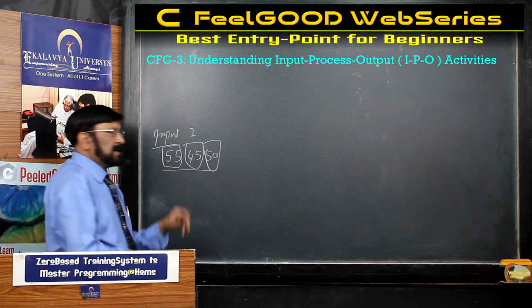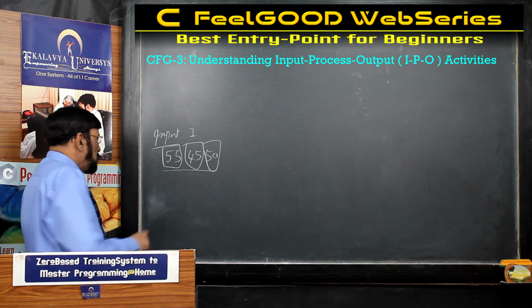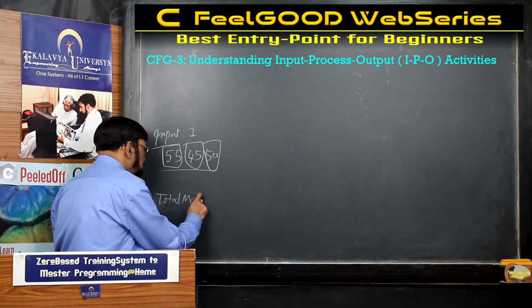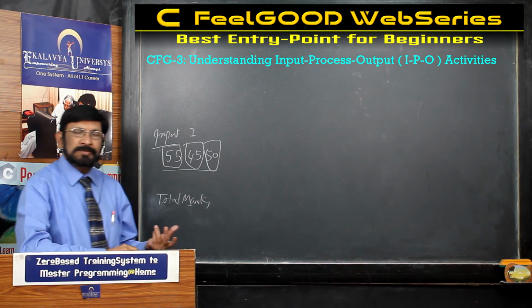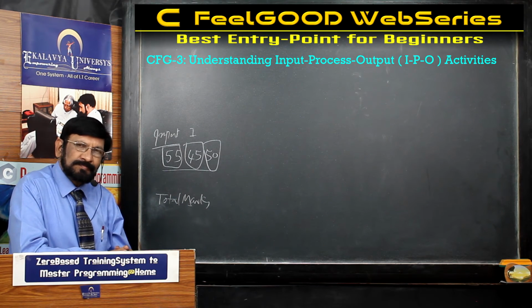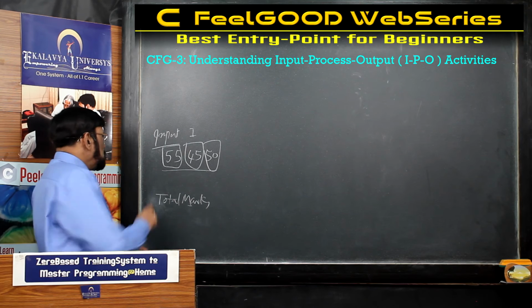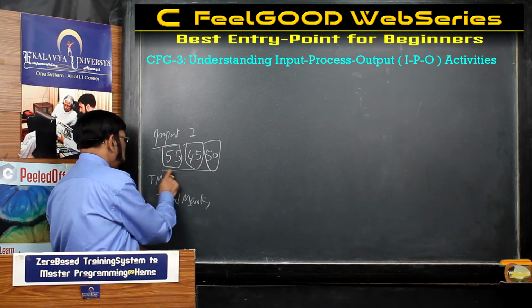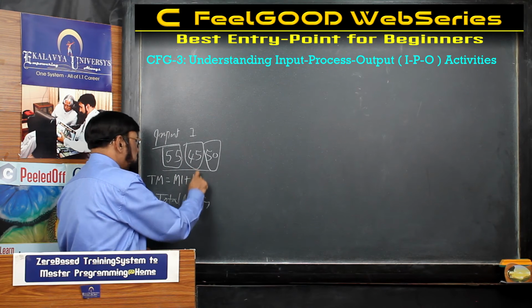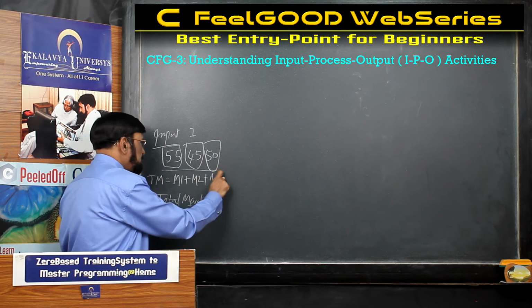Thereafter, what is done? You want to print total marks. I am not talking about everything; in your marks report, one item is total marks. In order to calculate total marks, what are you doing? Marks 1 plus marks 2 plus marks 3.